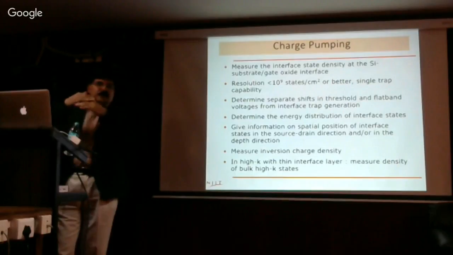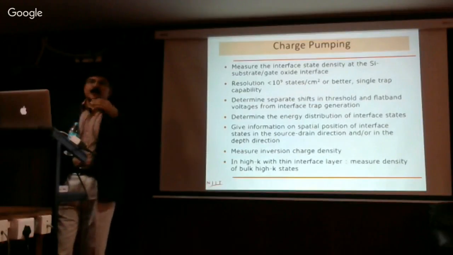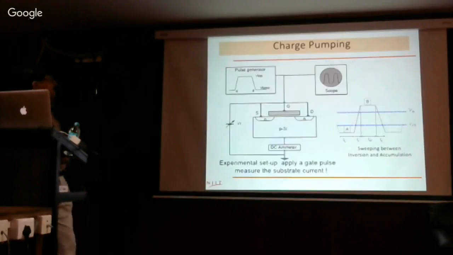Because if you have silicon dioxide and there is high K, that is also a different interface. So is that contributing something? Is that contributing defects or charge to the device?